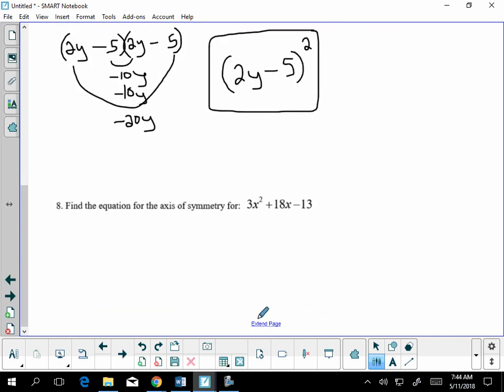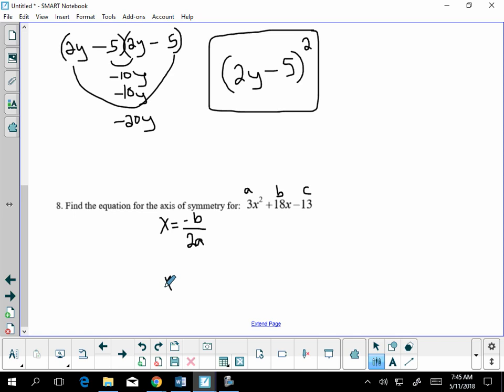Another axis of symmetry. I've told you this one many times. You have to have that formula memorized. X equals negative b over 2a. A is 3, b is 18, c is negative 13.